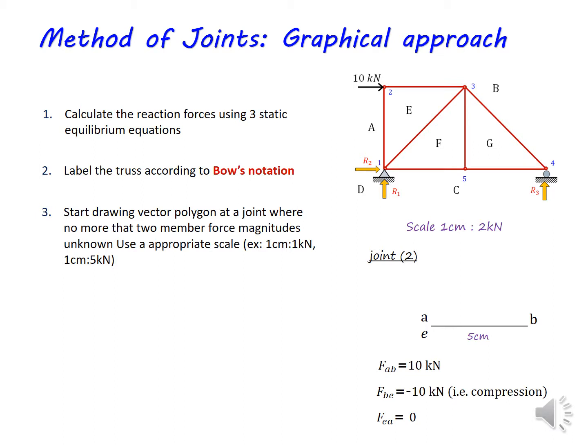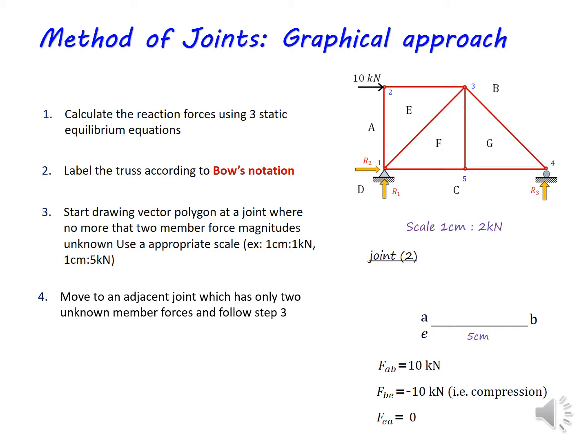Since we have finished finding the unknown member forces at joint 2 by drawing the force polygon, or the vector polygon, now we have to move to an adjacent joint and follow step 3 to calculate the unknown member forces of the truss.